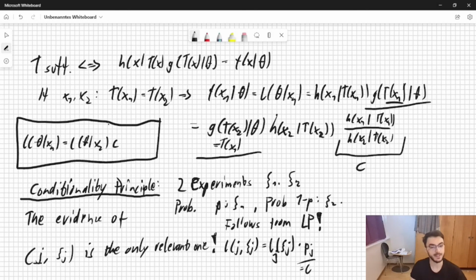Alright, so we have the conditionality principle and the sufficiency principle, which seem kind of random. Why are they important? They're important because there's a paper, I'm going to put a link to the paper in the description, which says that these two very simple principles imply the likelihood principle.